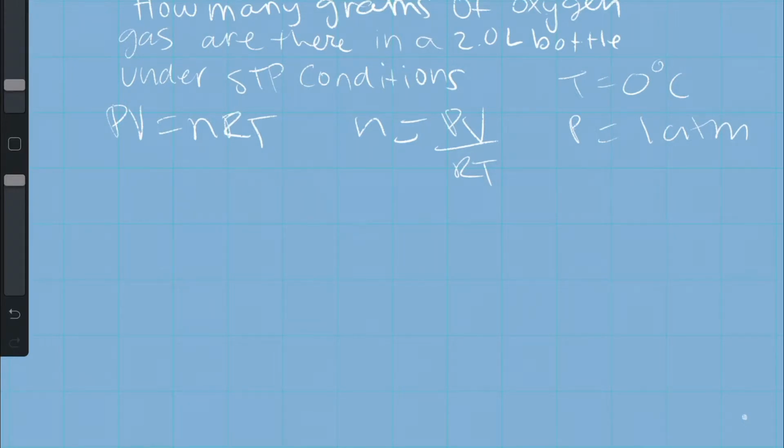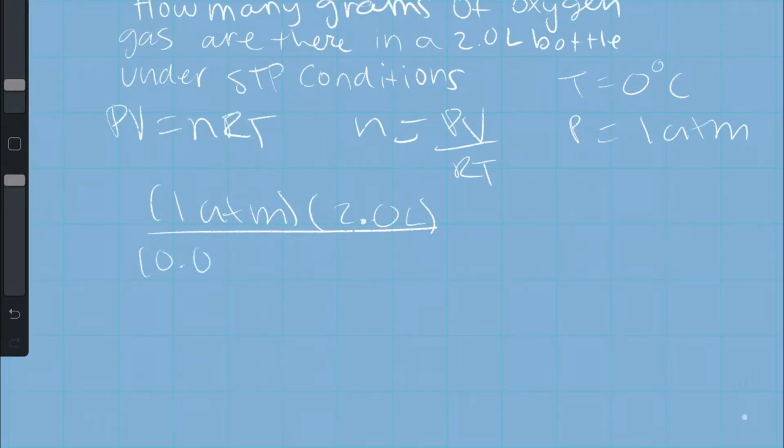Now, all we have to do is plug into the equation. So our pressure is going to be 1 atmosphere multiplied by 2.0 liters, which is the given, and all of that divided by the constant R, which is 0.08206, and this is going to be liters times atmospheres divided by moles times Kelvin.